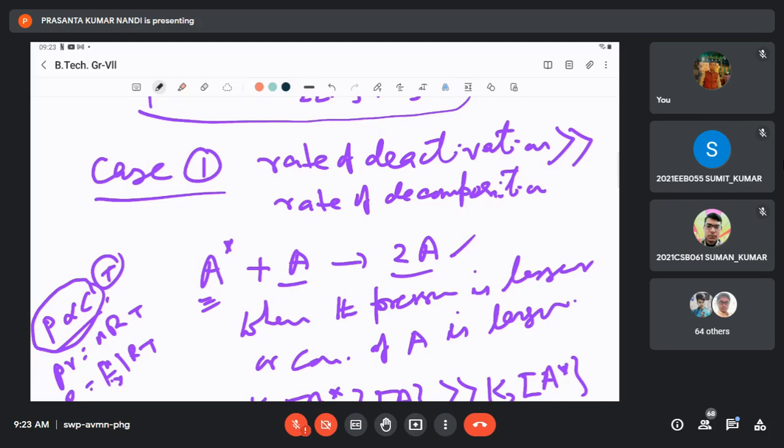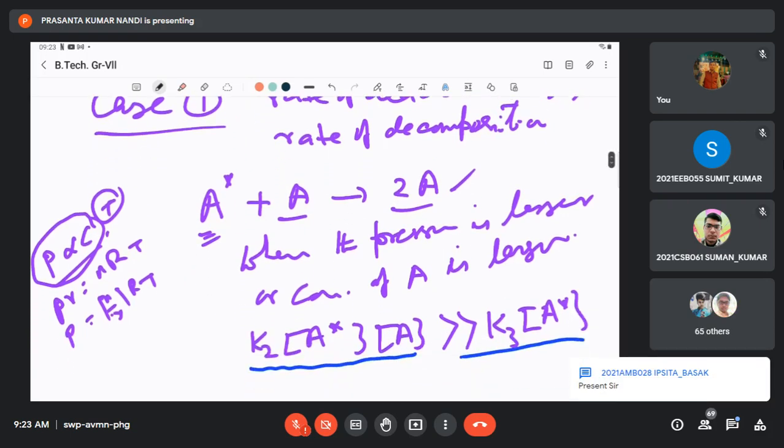When the concentration of A is larger, the activated species will have a greater chance of colliding with normal molecules for deactivation. This is the case when the pressure P is larger or the concentration of A is larger.